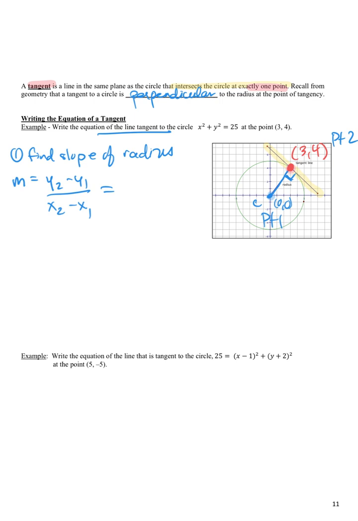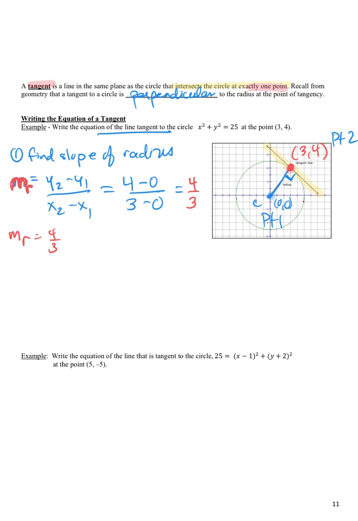What's y2? 4. 4 minus y1, 0, over x2, 3, minus x1, 0. So the slope of the radius, I'm going to put a little subscript r for radius, just so I know I'm looking at the slope of my radius. The slope of my radius is 4/3.